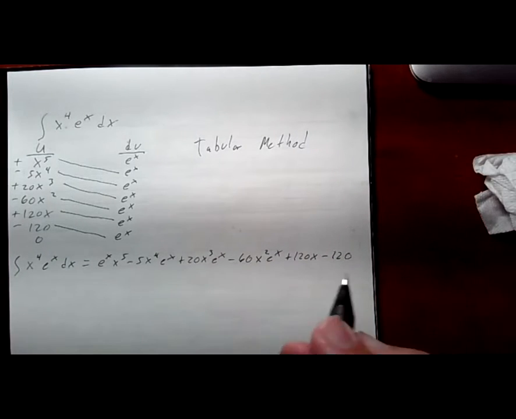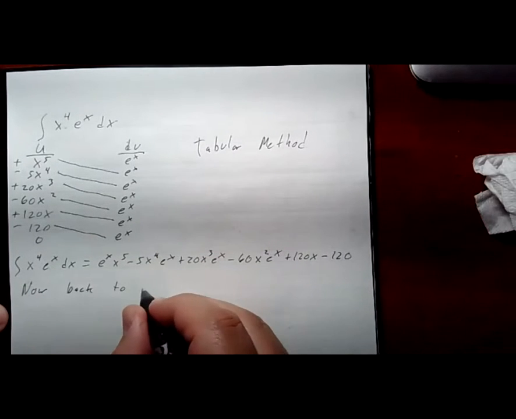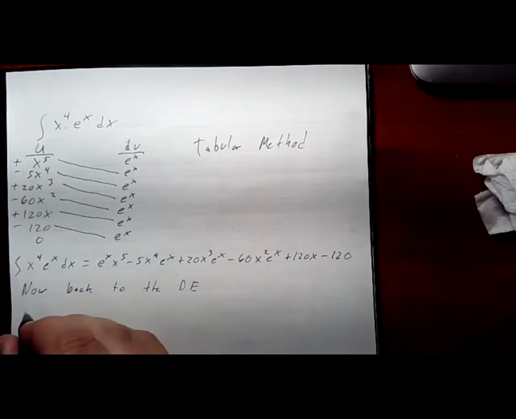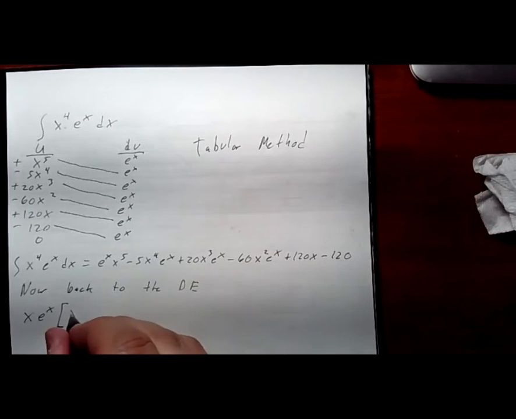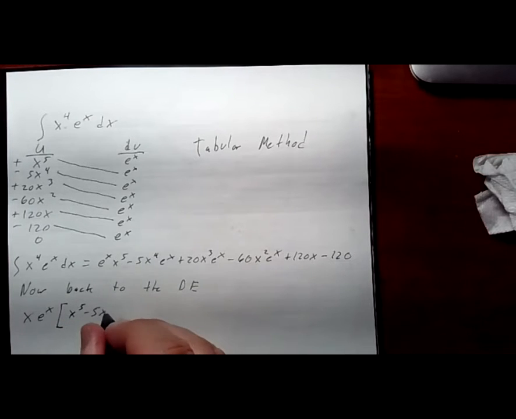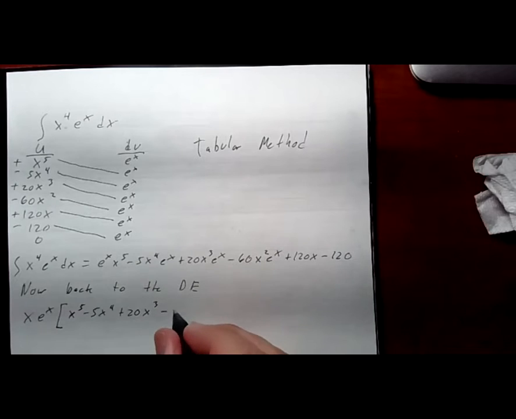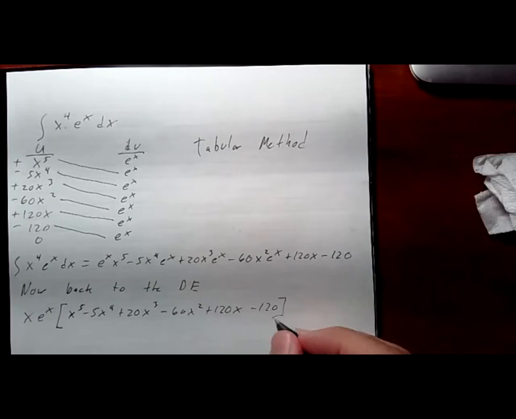Okay. So now, again, back to the DE. So we had x times e to the x, that's what we factored out. And we have x to the 5th minus 5x to the 4th plus 20x cubed minus 60x squared plus 120x minus 120. Then out here we had, I think, cx, right?